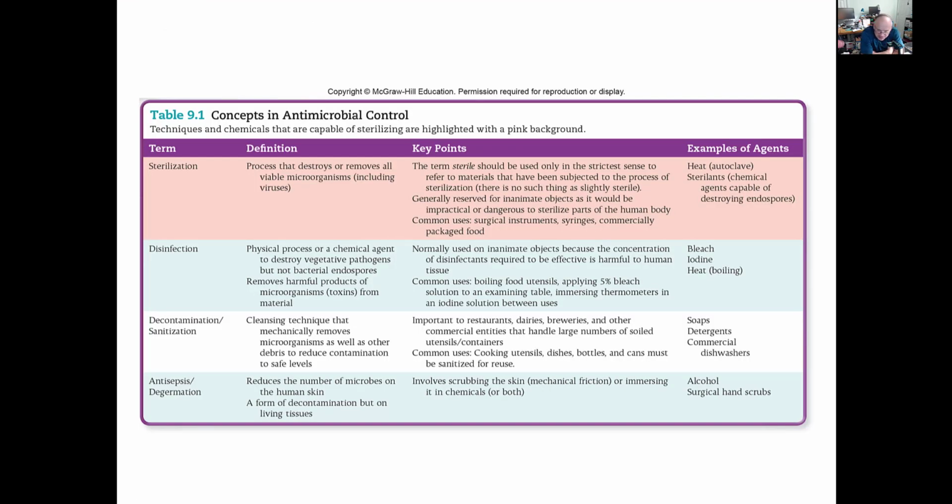Here's the chart that I was referring to. It summarizes this part 1 and the sorts of things we're going to talk about. One thing I'll state from this: the term sterile should be used only in the strictest sense to refer to materials that have been subjected to the process of sterilization.